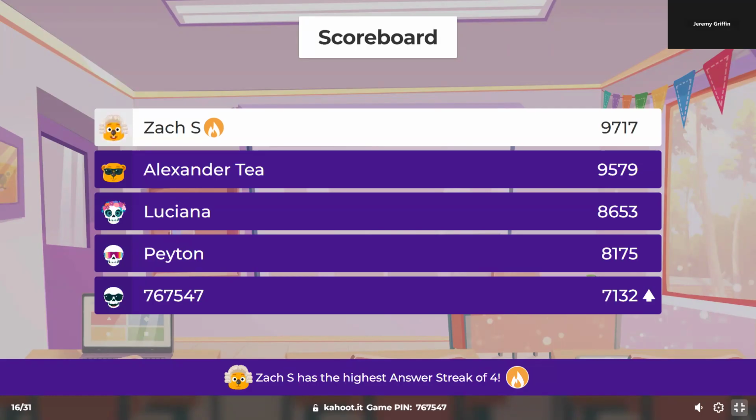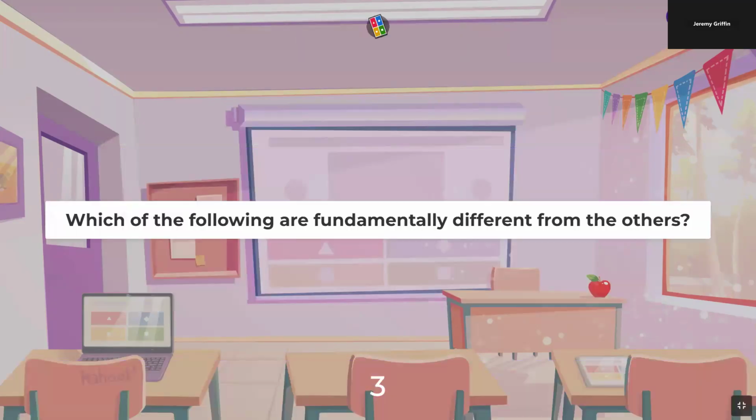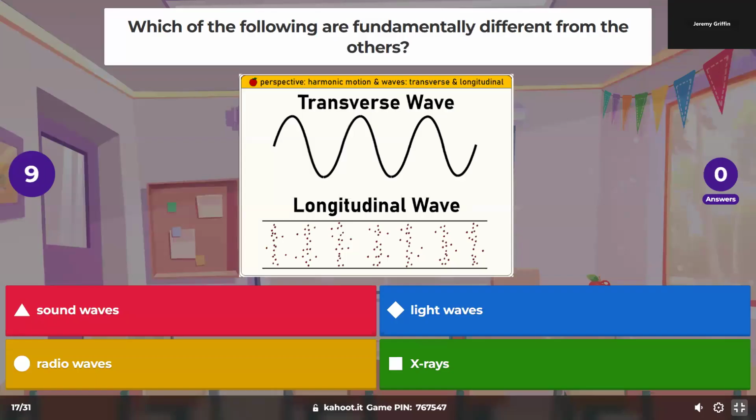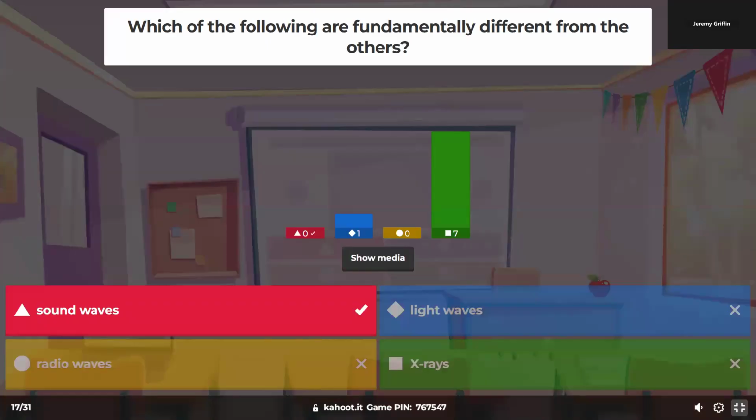Which of the following is fundamentally different from the others? Those other ones, light waves, X-rays, radio waves, are all examples of electromagnetic radiation.